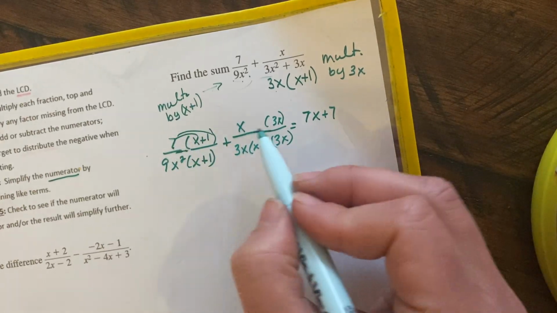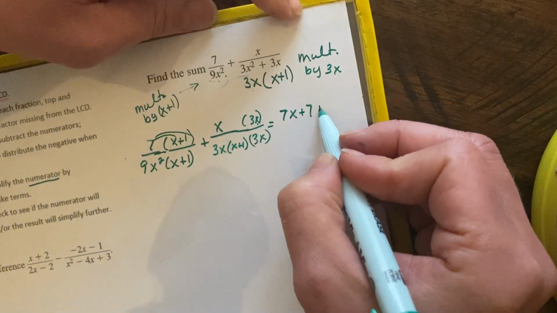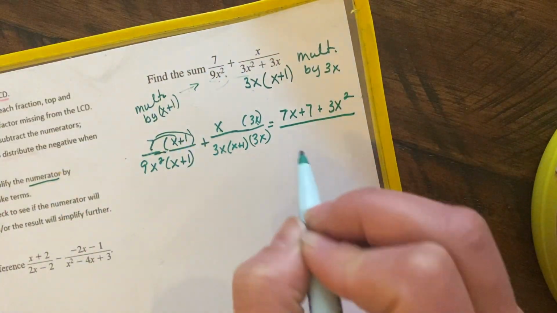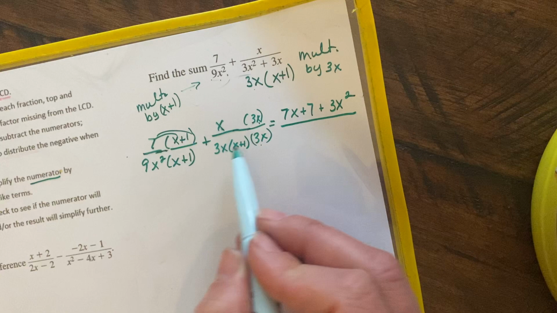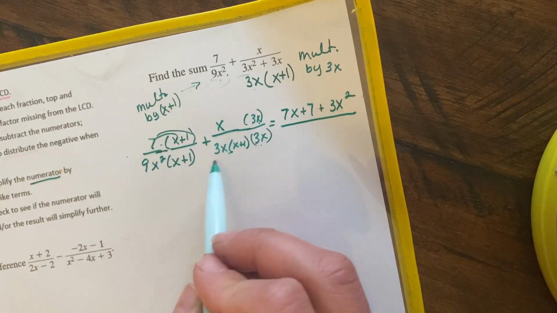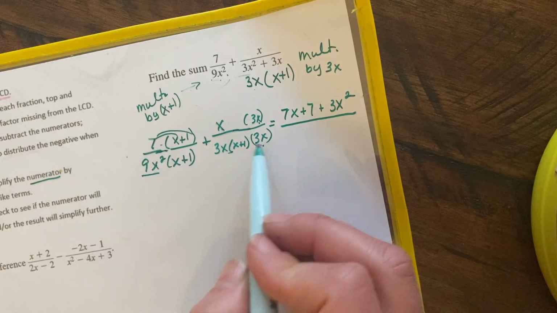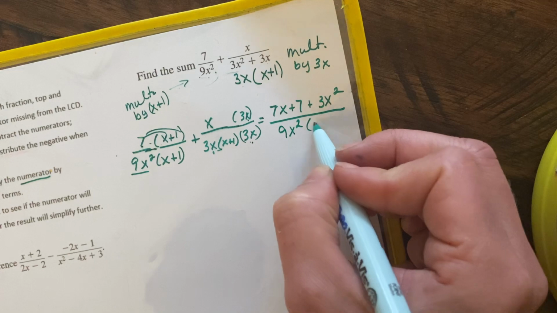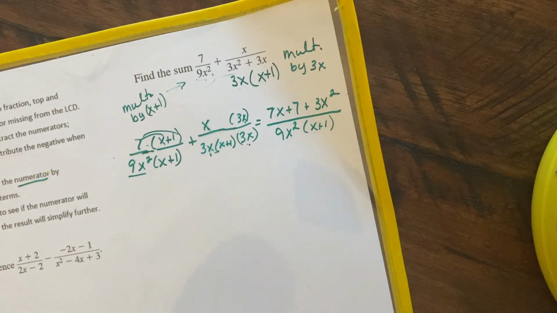Make sure you distribute both. And then here I'm going to get 3x squared. And I'm going to combine them into 1, so I'm going to multiply and add at the same time, because now my numerators can be put together because the denominators match. So you have your 9x squared, and when I multiply here, I would have 9x squared and then that x plus 1.